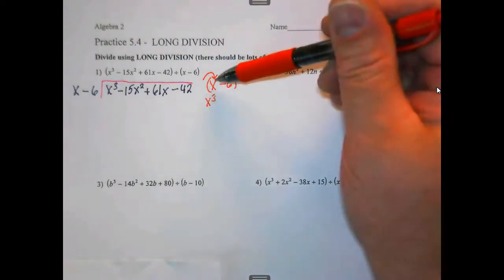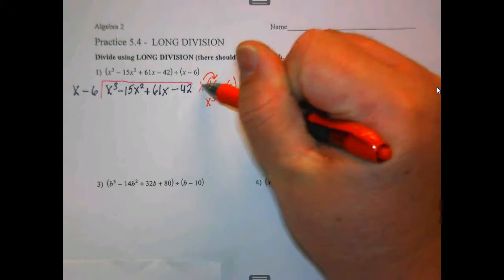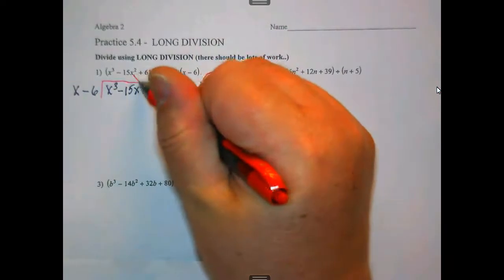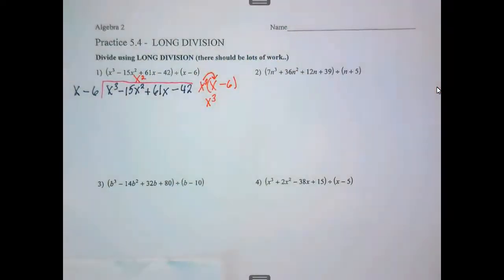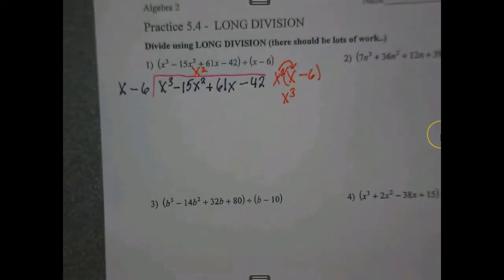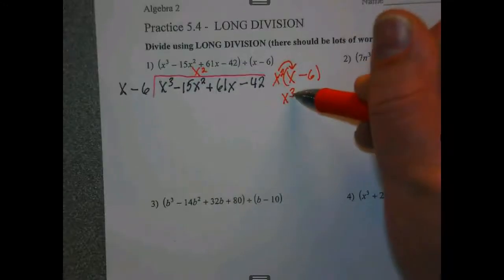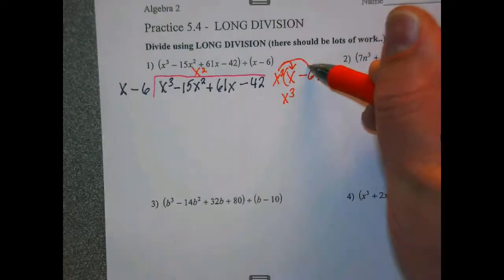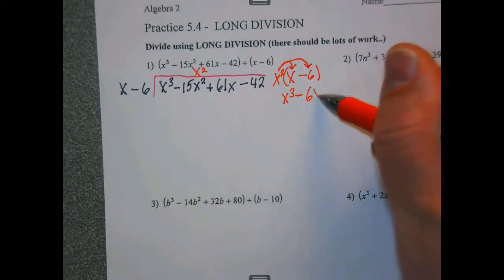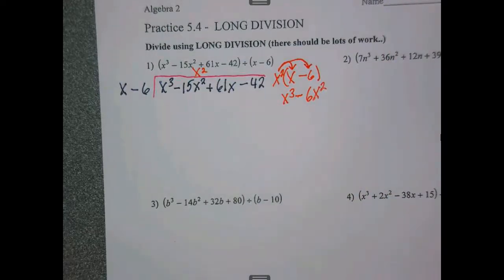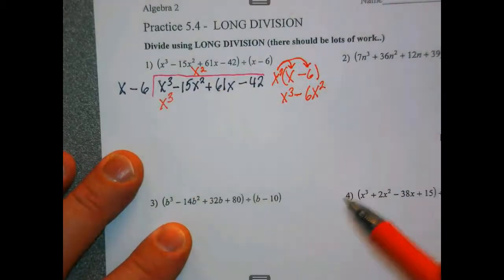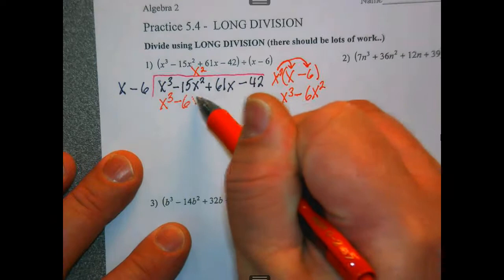Well, that's x to the first, so I have to multiply it by x squared. x squared times x to the first is x cubed. x squared times minus 6 is minus 6x squared. So there's my product: x cubed minus 6x squared.